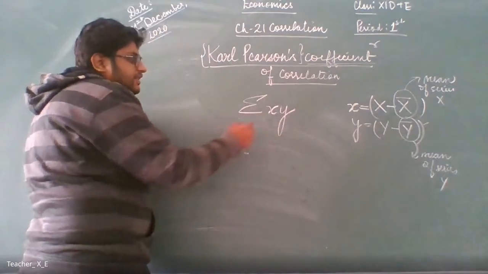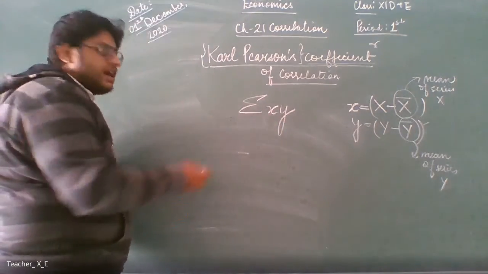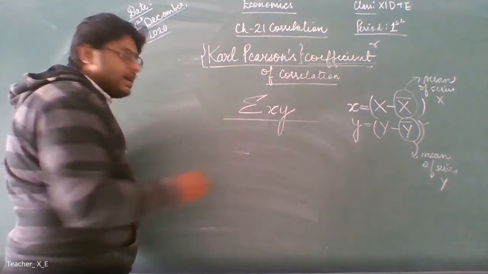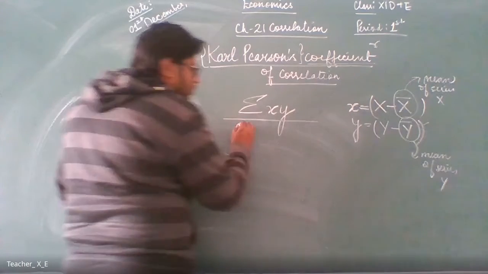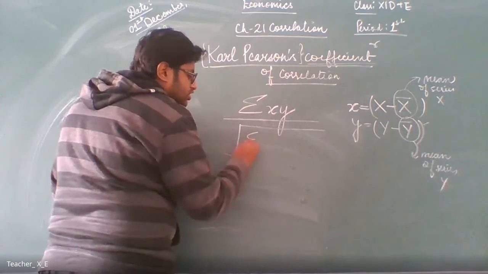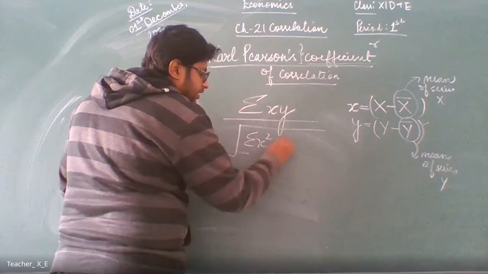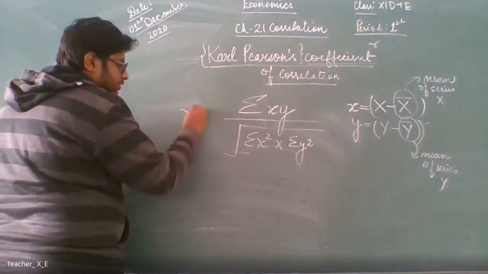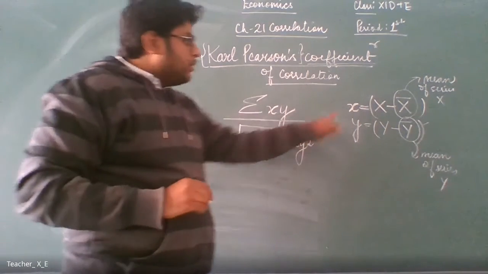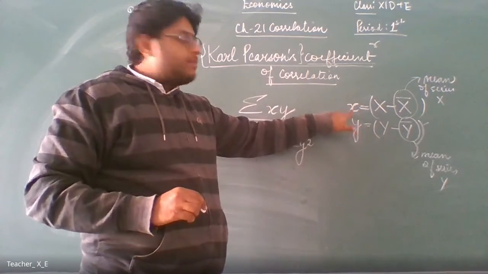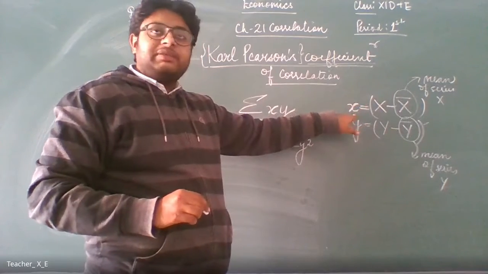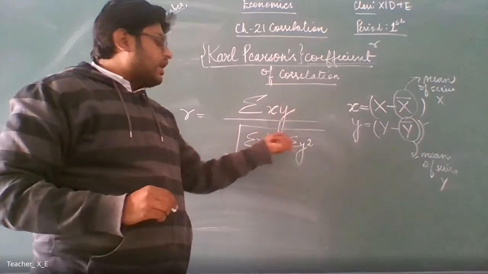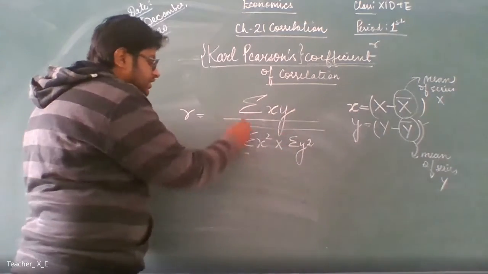Then he said that after getting the summation of small x and small y, we will divide it by the square root of summation of x square into summation of y square. Whatever deviations we have got from the mean, we take the square of them, add them, and put them under root.